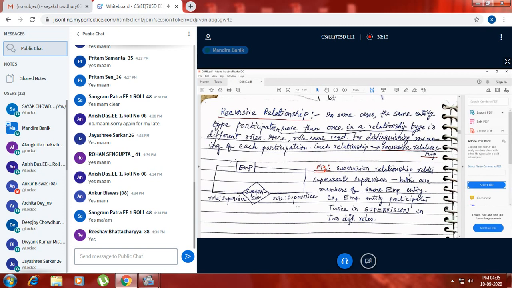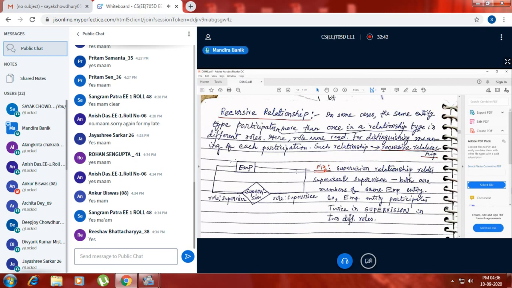Now, in this case, the two entities belong to the same entity type because both are employees. Supervisor is also an employee of a company. Similarly, HOD is an employee of that company, and the other faculties are also employees of the college.